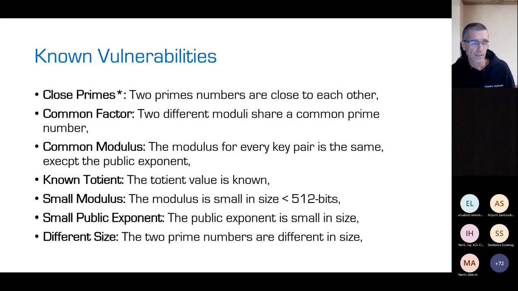So what I did is I went through these papers and translated all these findings into programmable code. I wrote a program in Python which can demonstrate all these vulnerabilities, but also recover the private key if a vulnerability was detected.